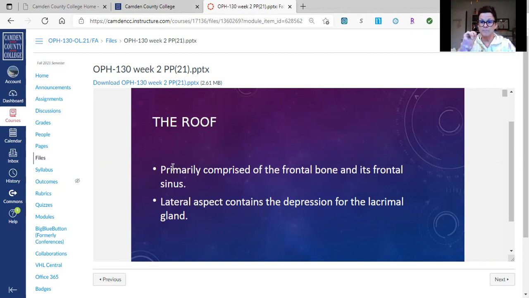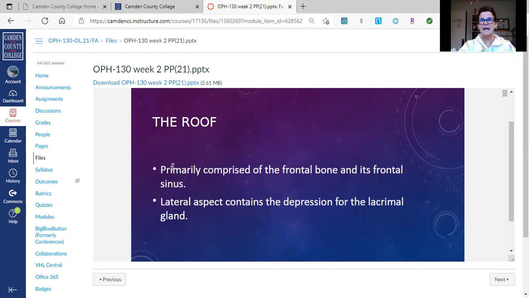Another thing I want you to pay attention to is the lateral aspect of this frontal bone right here. The lateral aspect up inside here has a little depression where the lacrimal gland sits, okay? The lacrimal gland sits in the depression of the frontal bone. There is also a lacrimal bone, so do not get confused.